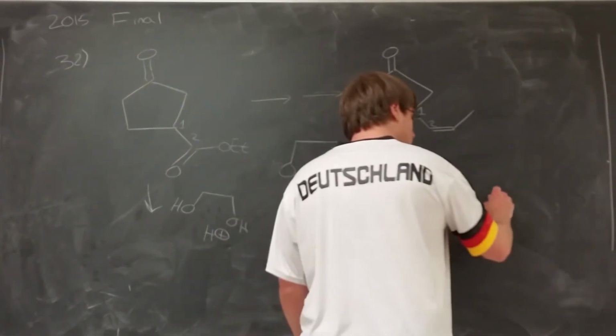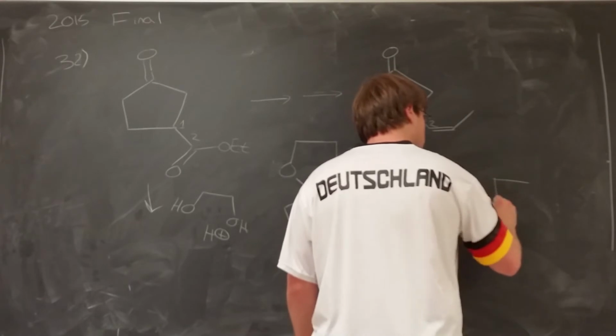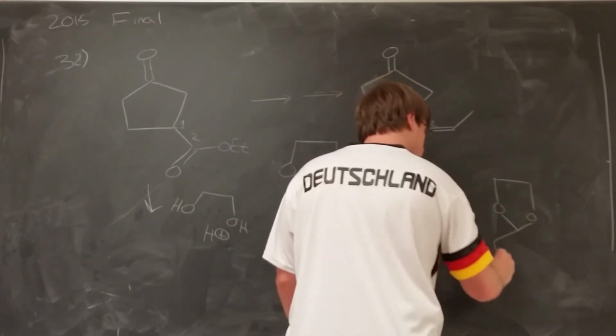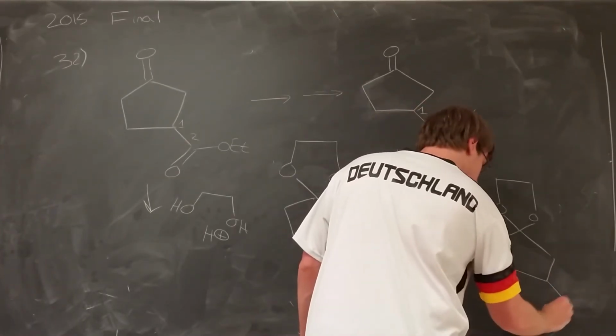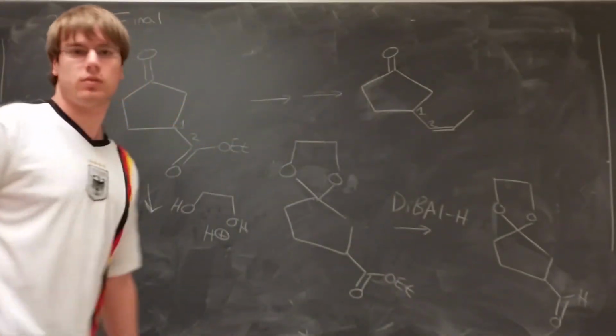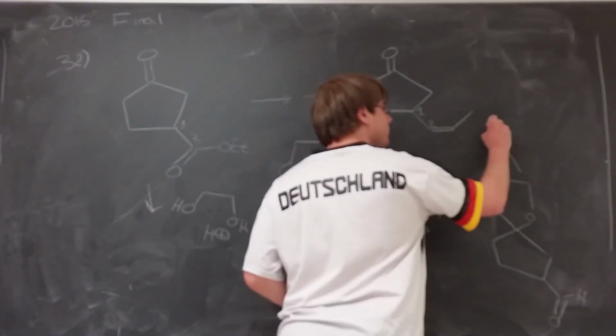Meaning after using DIBAL-H, I would get this regular old aldehyde. So I'm sure that's not cut off. Okay, good. Now I have that aldehyde, and I'm free to do the Wittig reaction.